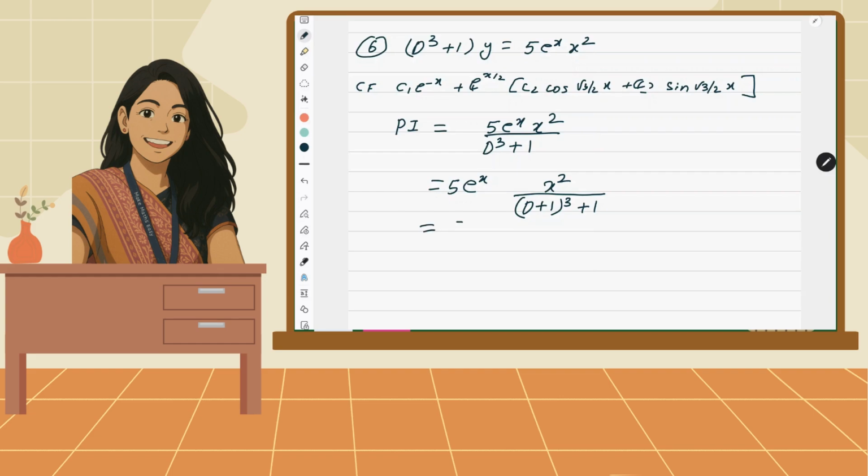So this will be equal to 5 e to the power x square upon, now a plus b whole cube, a cube plus b cube plus 3a square b plus 3b square a plus 1. So I have got 5 e to the power x square upon d cube plus 3d square plus 3d plus 2. Correct? So now I should solve this by case 3 where I have polynomial.